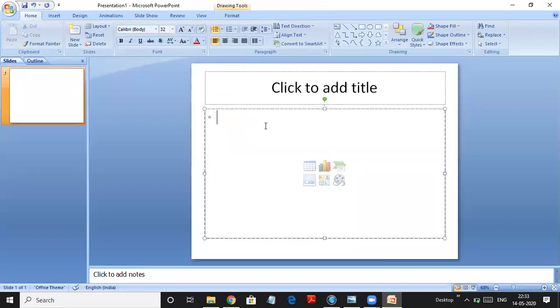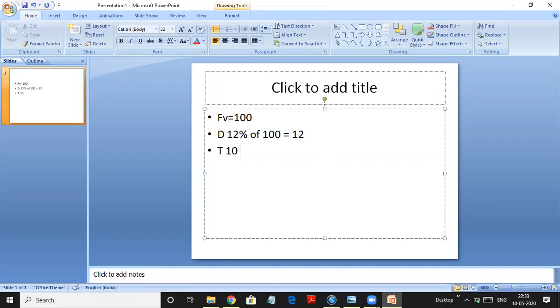See here about the preference, they have told you face value is 100. So dividend is 12% of 100, which is equal to 12 rupees. Time to maturity they have said is 10 years. Now we have to find net proceeds. Net proceeds basically is 100 minus 5% flotation cost.